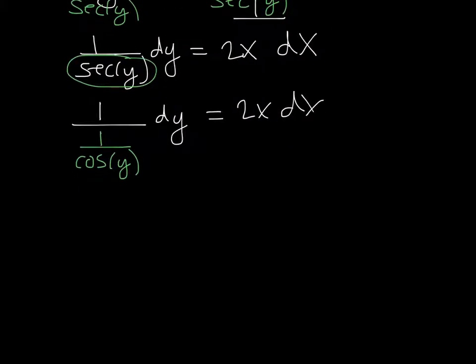If we simplify this expression using algebra, this is just 1 divided by this fraction, which really means 1 times the reciprocal of this. So that's really just 1 times cosine of y. So we have cosine of y dy equals 2x dx.